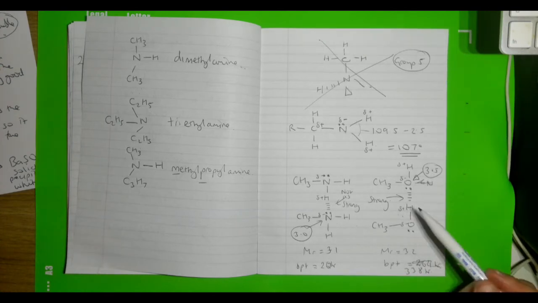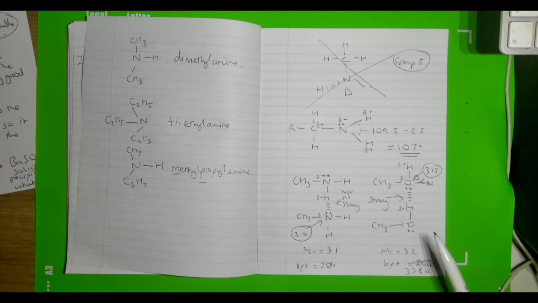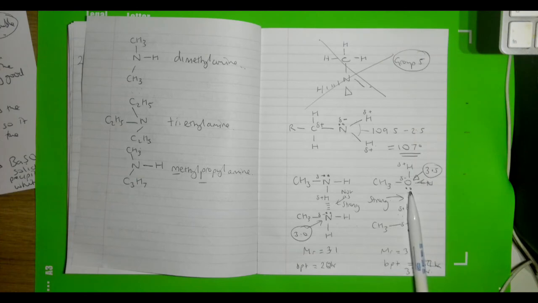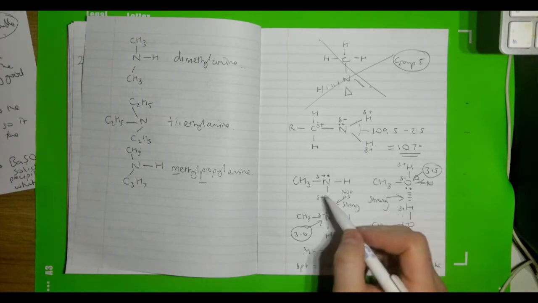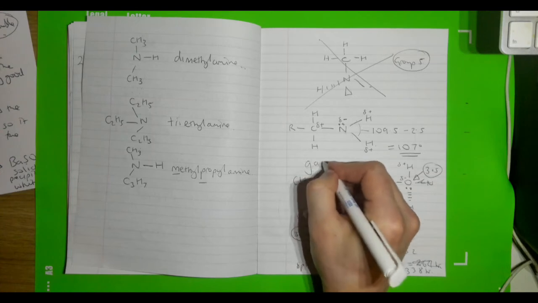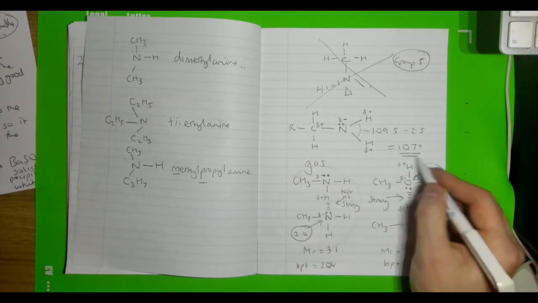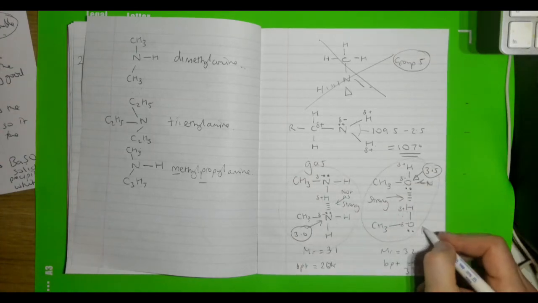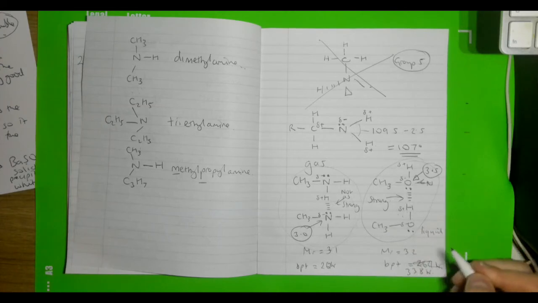And that's because of the stronger hydrogen bonds between molecules of alcohols compared to amines, because oxygen is more electronegative than nitrogen. Okay, so you find that actually this stuff here, methylamine, is a gas, yeah, whereas methanol is a liquid at room temperature.